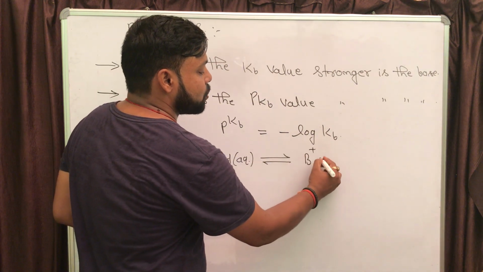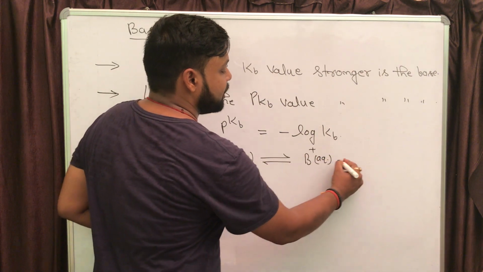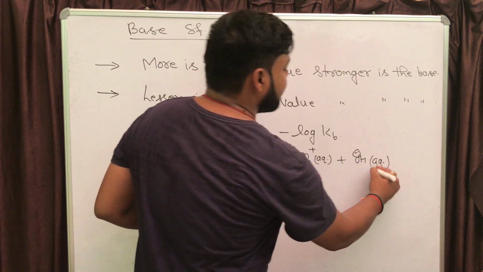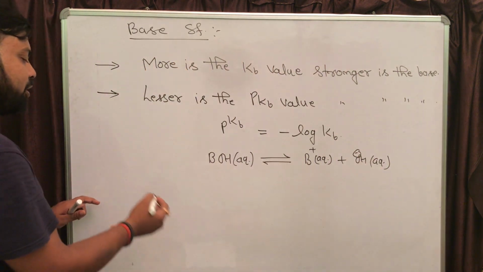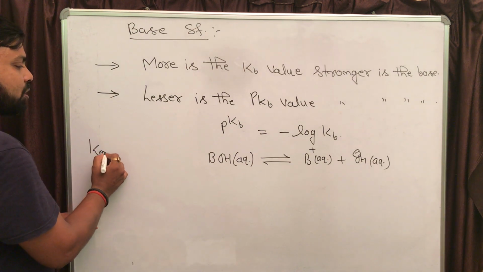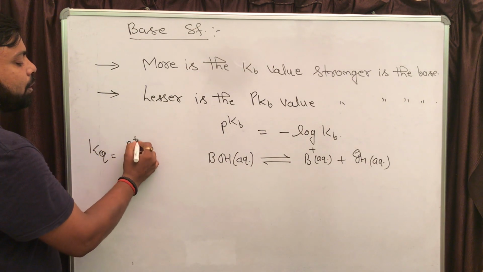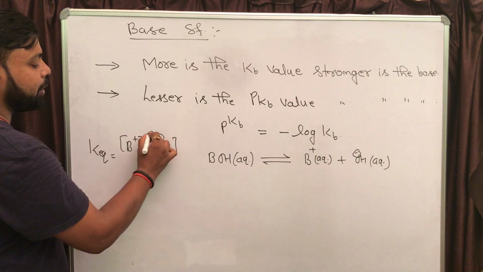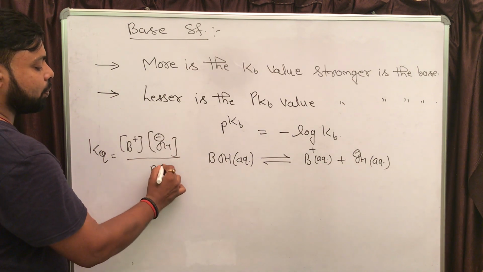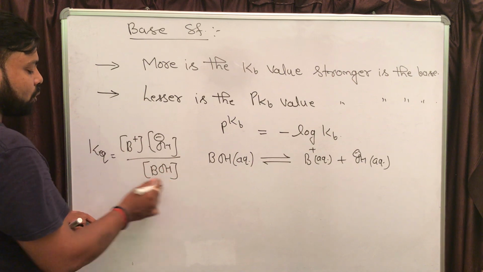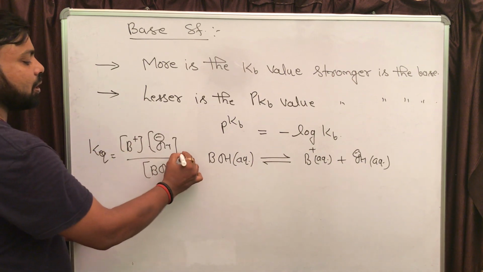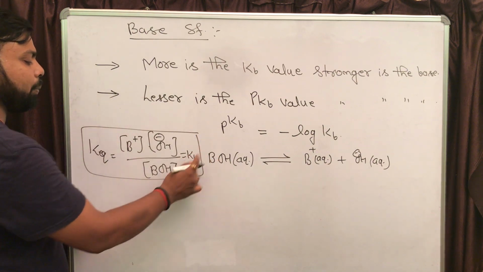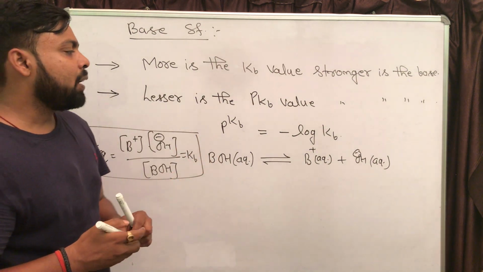After dissociation, it is going to form B plus and OH minus in aqueous medium, right? If you write the equilibrium constant for this reaction, it is the concentration of B plus into concentration of OH minus divided by the concentration of BOH. So this equilibrium constant itself is known as base dissociation constant, Kb, in case of a base, right?